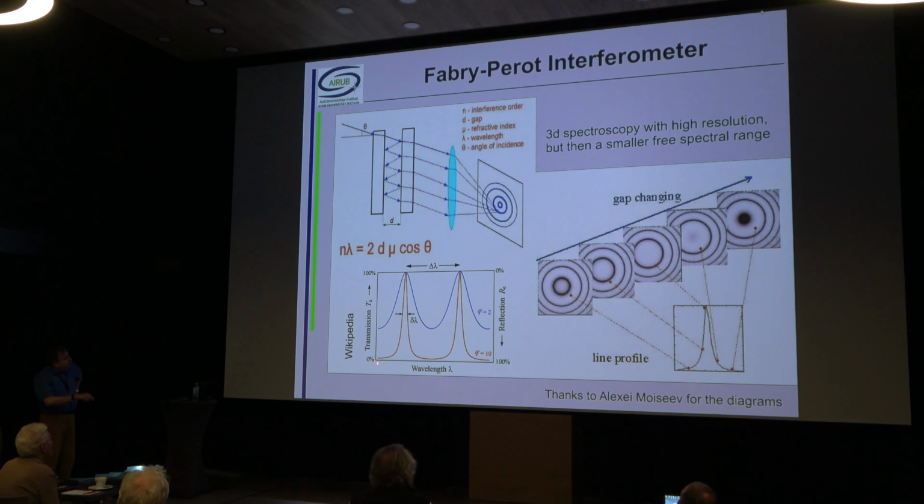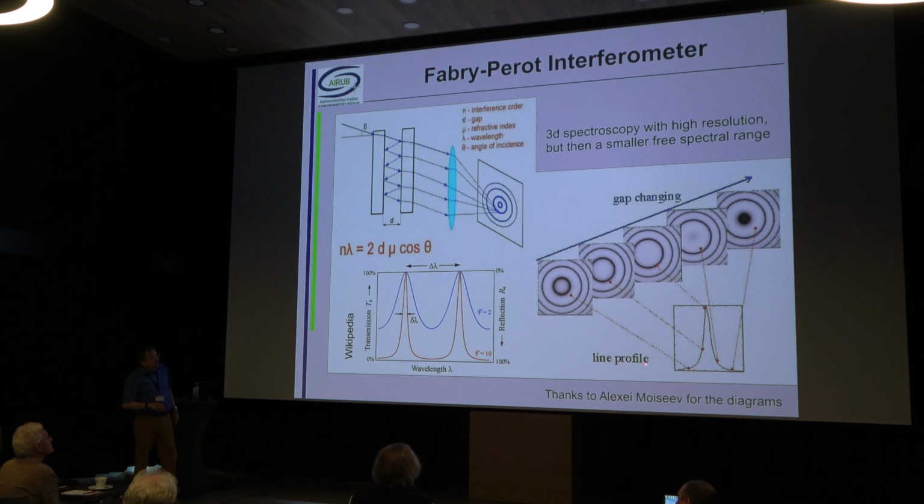So you select one of these orders, and then this line will move along in the spectral range, in a free spectral range. The unfortunate thing is, the narrower the line, the higher your spectral resolution, but the smaller is the free spectral range. So you change now the gap between the plates, and you see how this ring moves out. So you trace along the line.